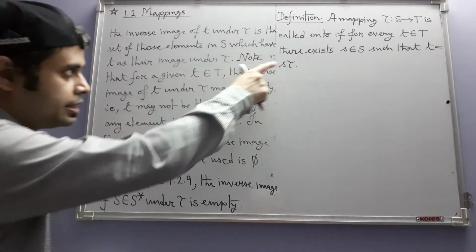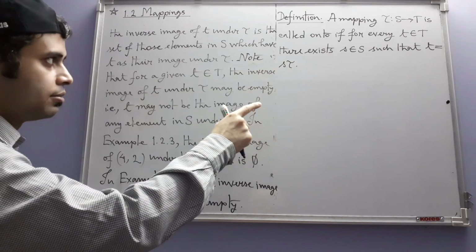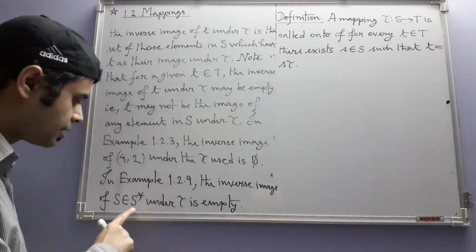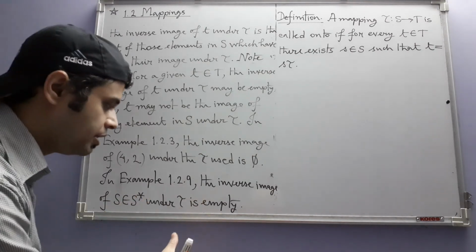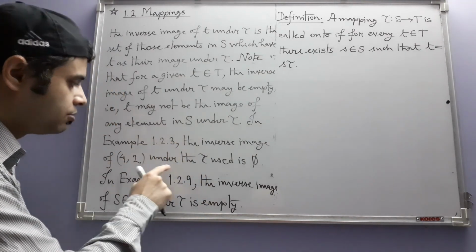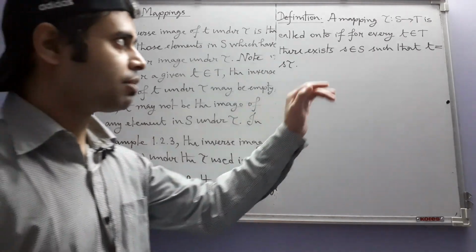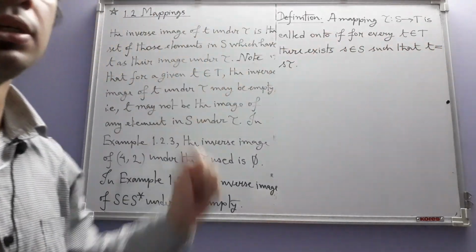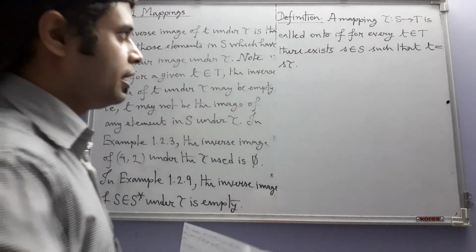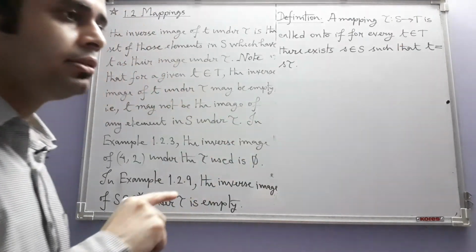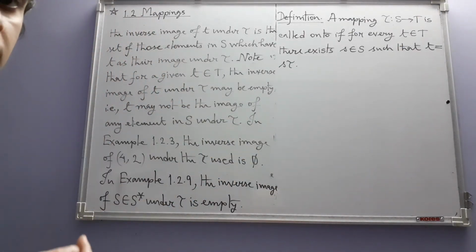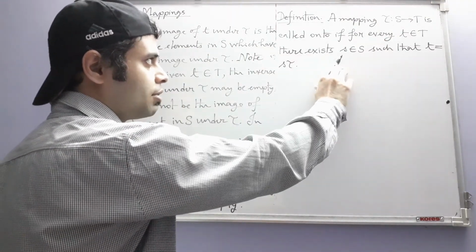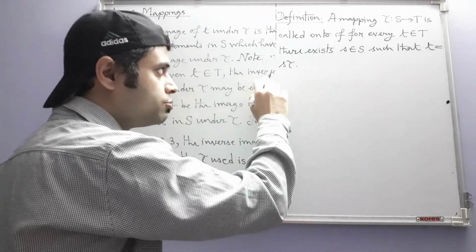So it is exactly what these situations are not. Here you see, here S does not have an empty inverse image. Here (4,2) has an empty inverse image. If our mapping is onto, no element in the second set will have an empty inverse image. That's the thing. Every element in the second set will be the image of at least one element in the first set. That's what we have written here. For every t in T, there will be some element in the first set whose image is t.